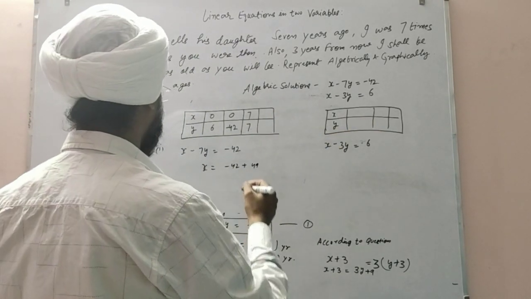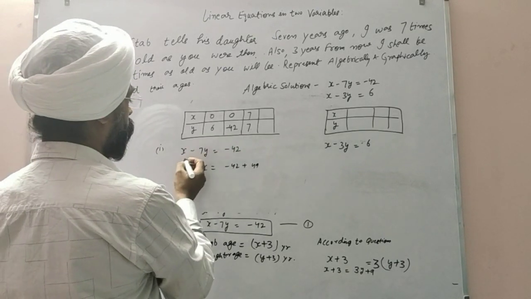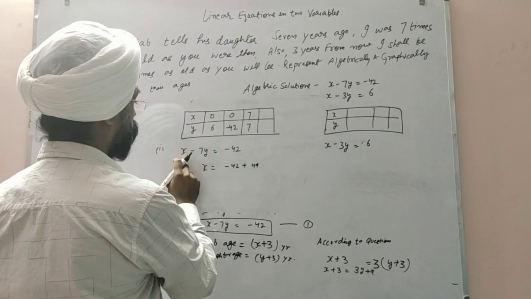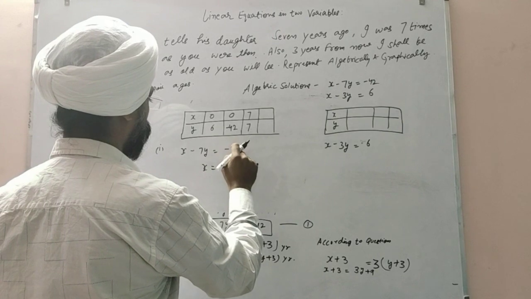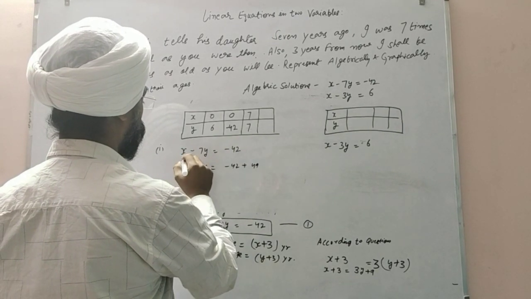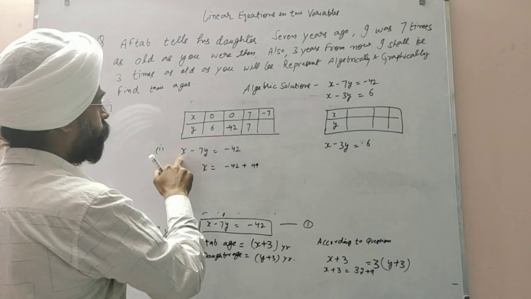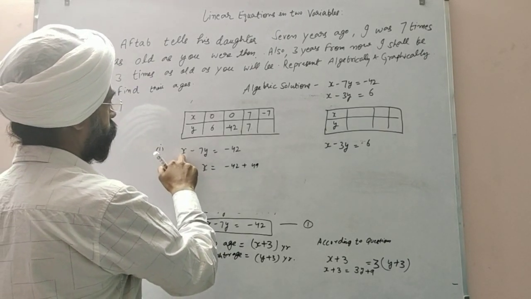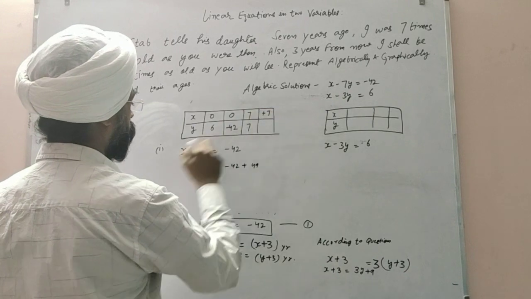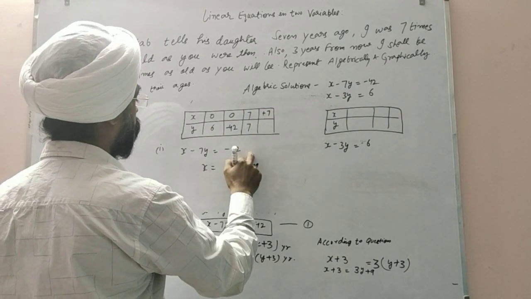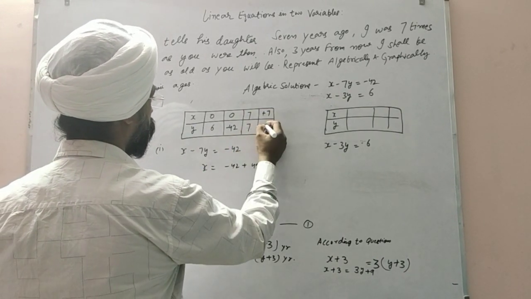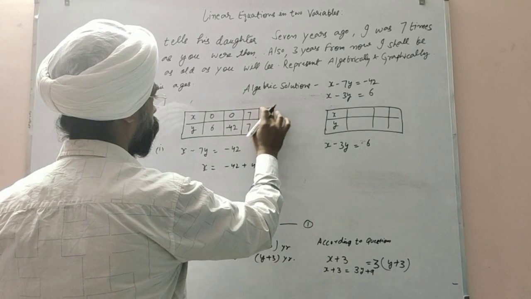If we take x as minus 7, then it will give you minus 49 upon minus 7, which is again 7. That's the same we have taken already.